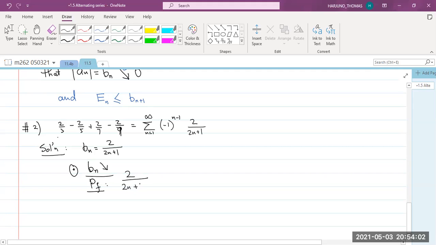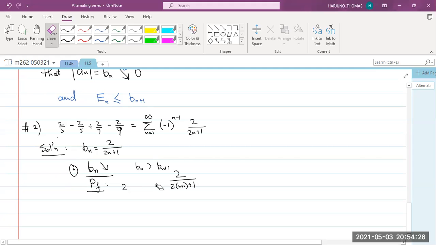We want to show that B sub n is greater than B sub n plus 1, that is, 2/(2n plus 1) is greater than 2/(2(n plus 1) plus 1).